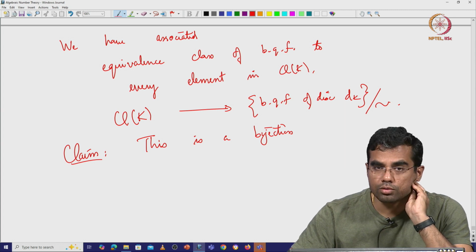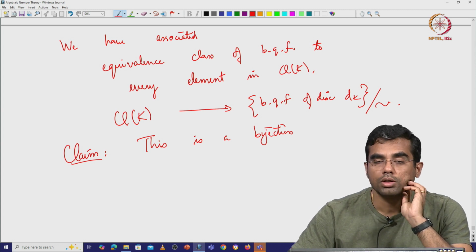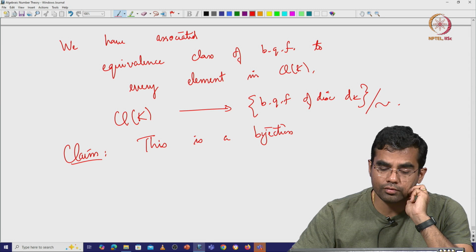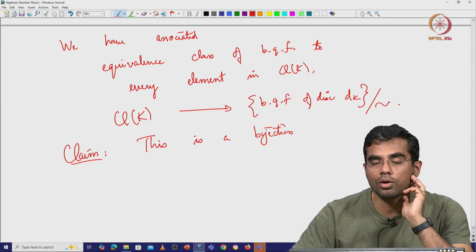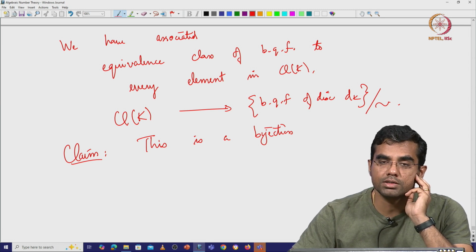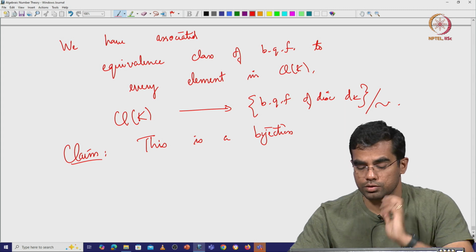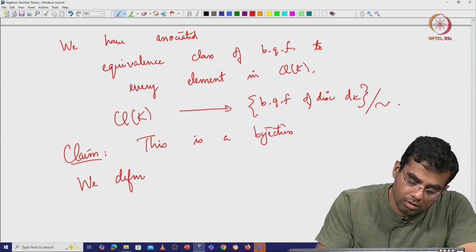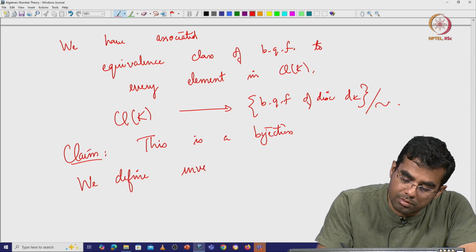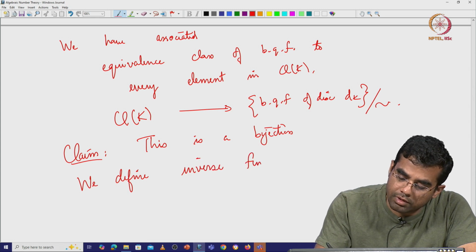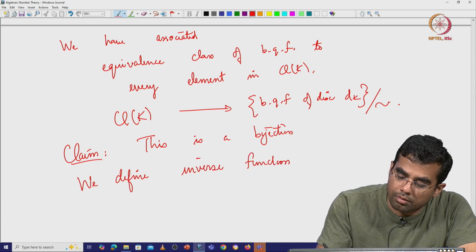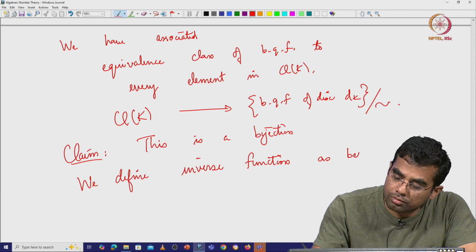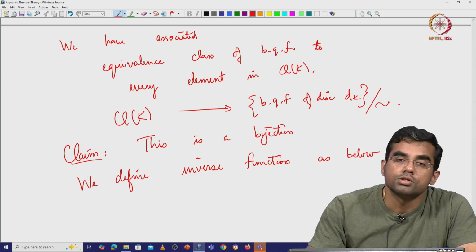So why is this 1 to 1 and why is it onto? One way to prove that a function is 1 to 1 and onto is to just define its inverse function. So we define the inverse of this map as below. What do we need to do?